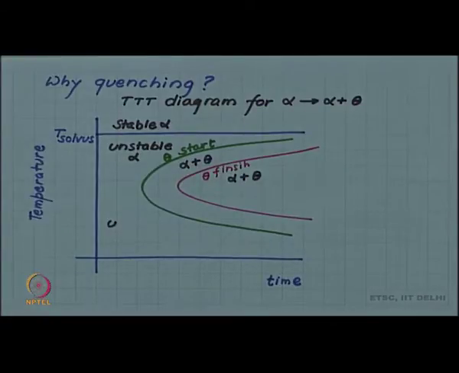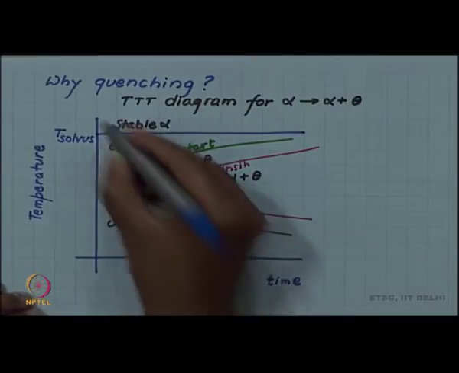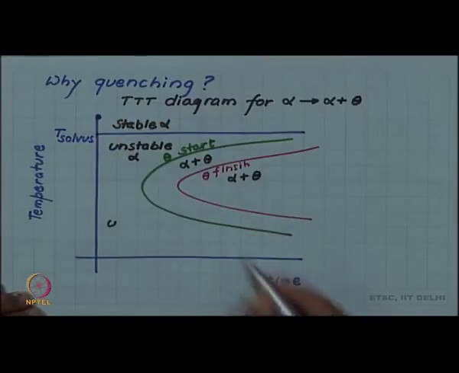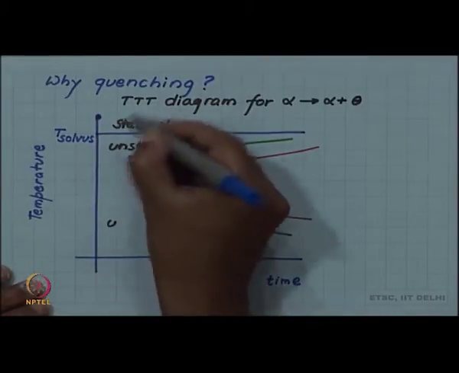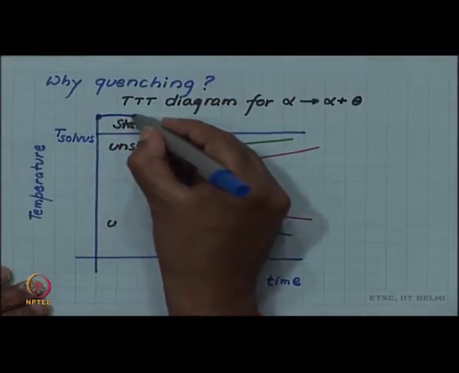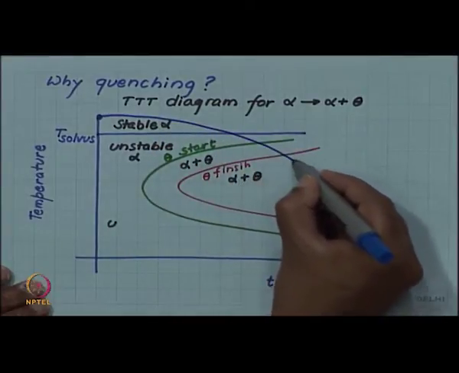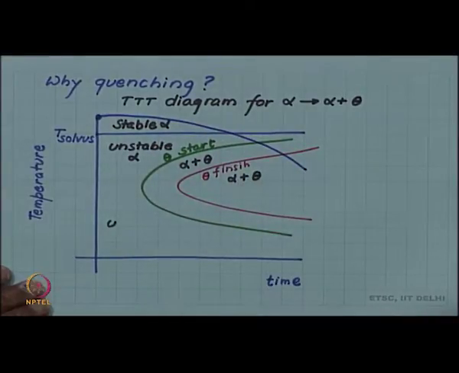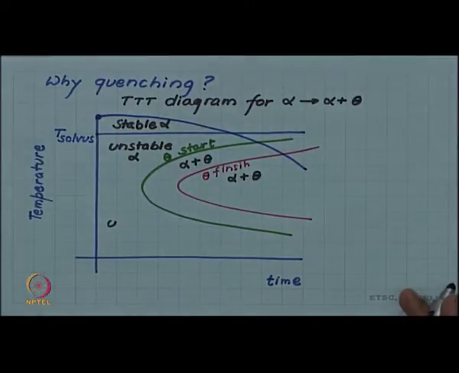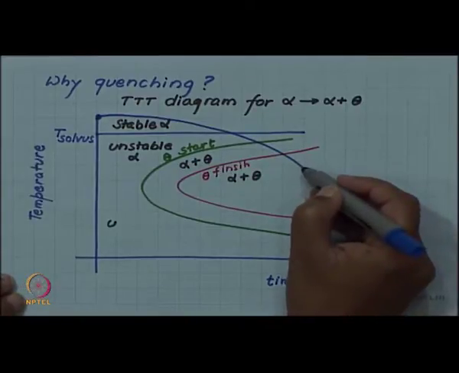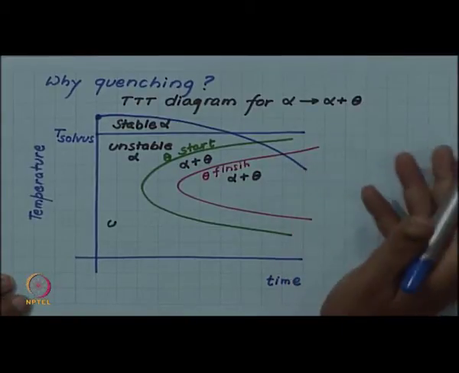Now, in this diagram, even if we slow cool, even if we cool gradually and slowly, suppose we have gone above solvus and we have formed a stable alpha and then we are cooling that stable alpha slowly, I will get alpha plus theta, I will still get the precipitate, and if precipitates are supposed to be obstacle to dislocation motion, I have already created that obstacle and I should get hardening.